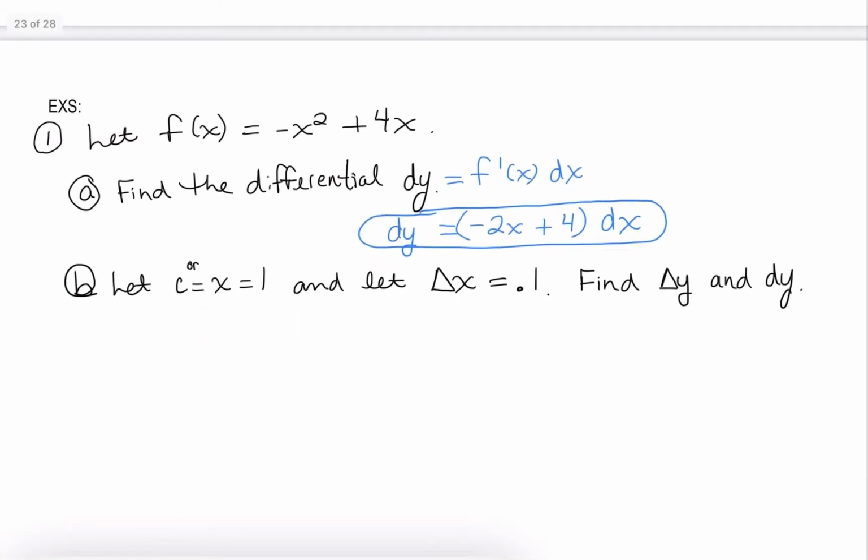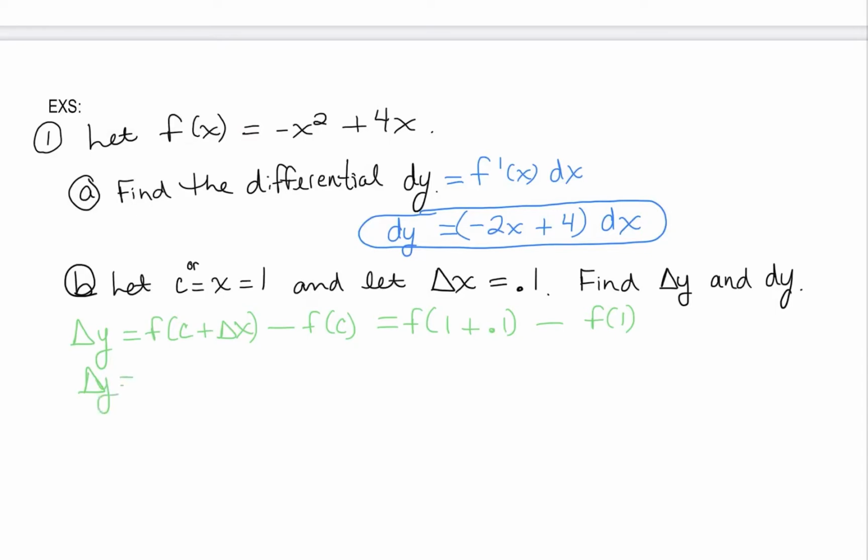Okay, so let's start with our delta y. If you remember, the delta y is the actual change in y. The definition I had written out before says something like f of c plus delta x minus f of c. So literally you're subtracting the y values. You're going to subtract f of c, in this case 1, plus 1/10 minus f of c, which is 1.